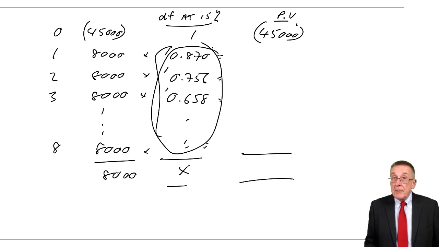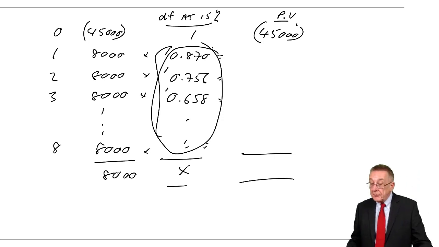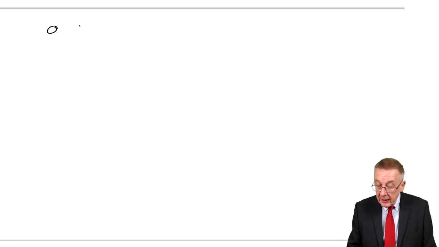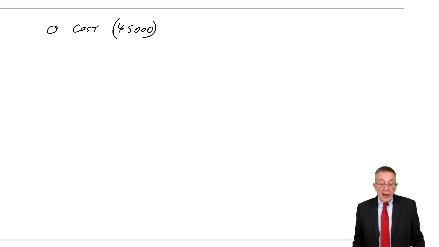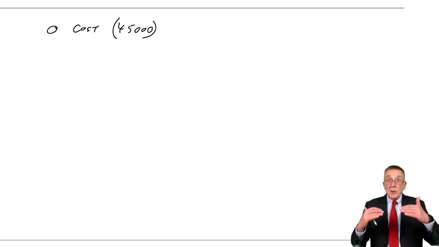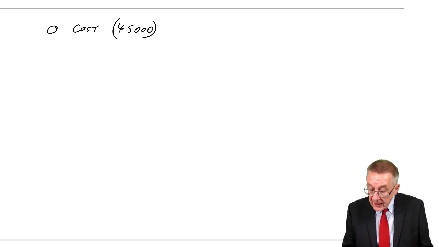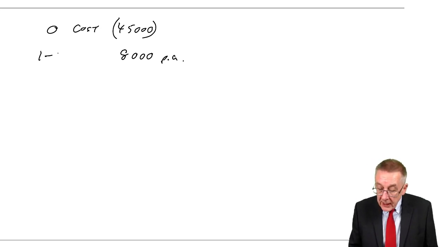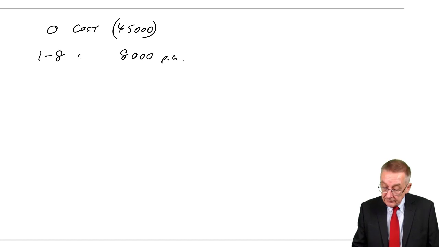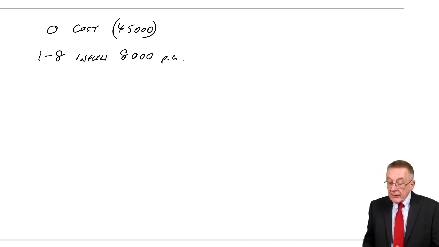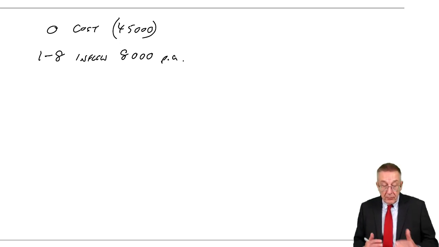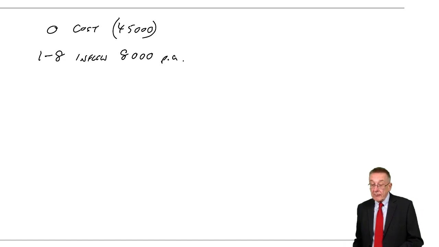And so we may as well make use of it, and much quicker, for example 4, would be to say, okay, there's an outflow, a cost of 45,000, and then instead of writing 8,000 a year down 8 times, we say, well, it's 8,000 per annum from years 1 to 8. That's a sort of shorthand for it. That's a short way of writing it's 8,000 in 1 year, 2 year, 3 year, and so on.